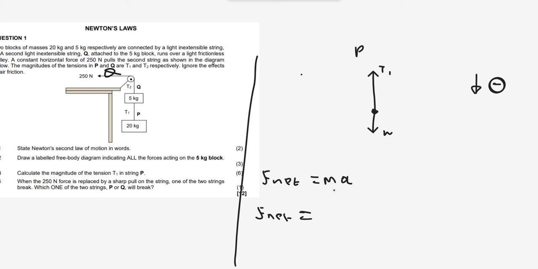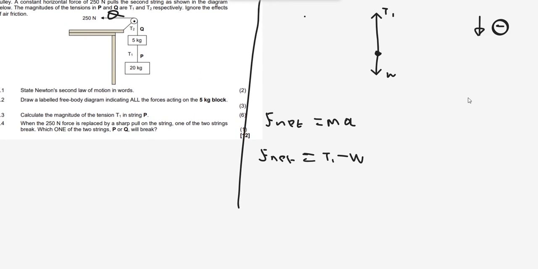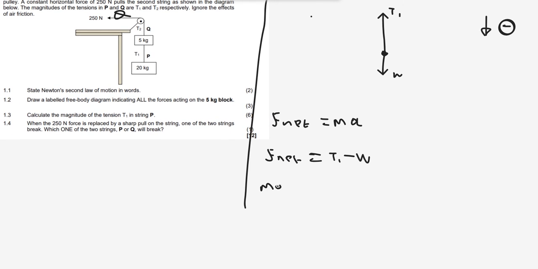Then the forces that act on object P are T1 minus the weight, because the weight acts downwards, and we said everything that acts downwards will be negative. So F net is equal to F net, meaning ma equals T1 minus weight. And remember that weight equals mg.